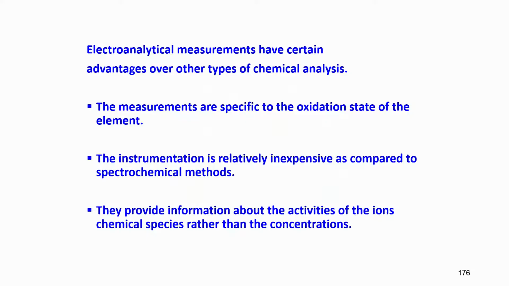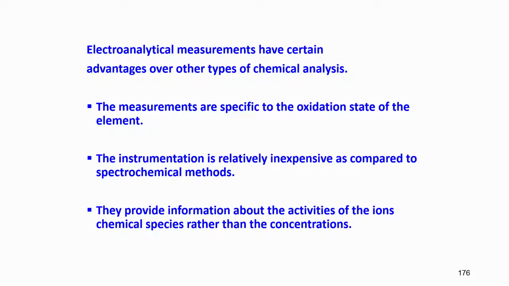Electrochemical analytical measurements have certain advantages over other types of chemical analysis. What are they? One is measurements are specific to the oxidation state of the element, that is the cation or anion.